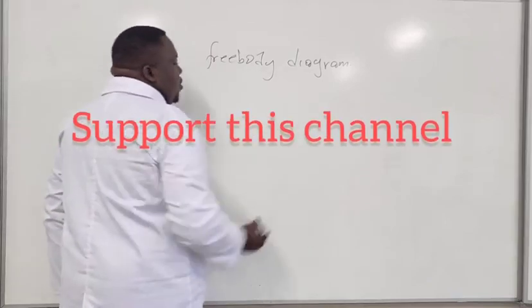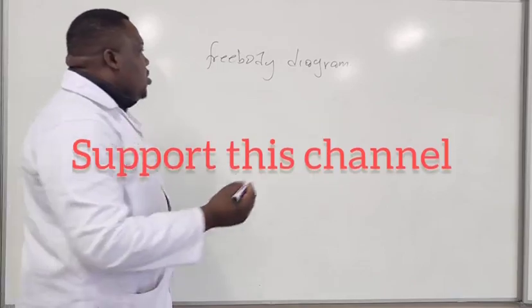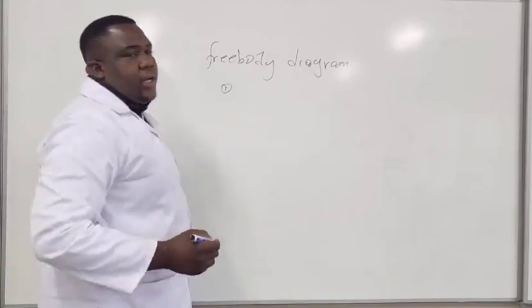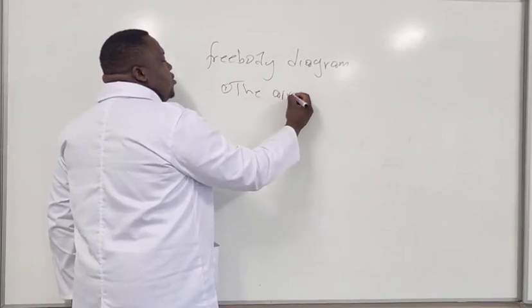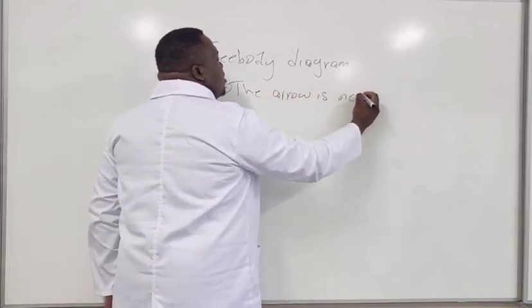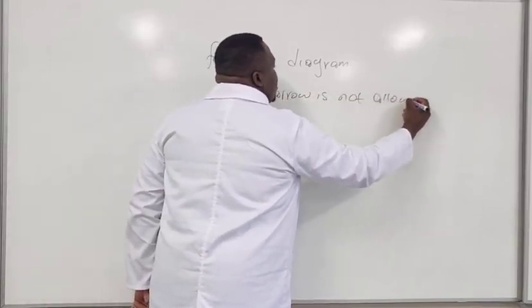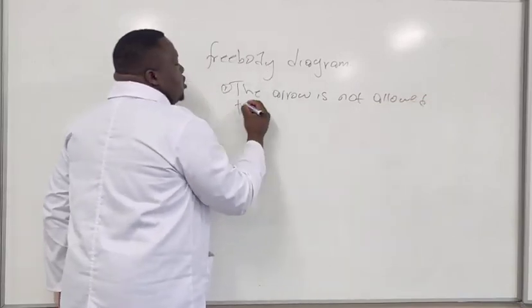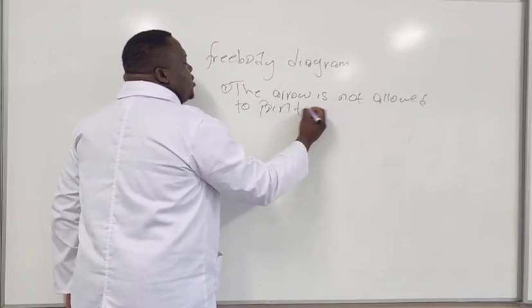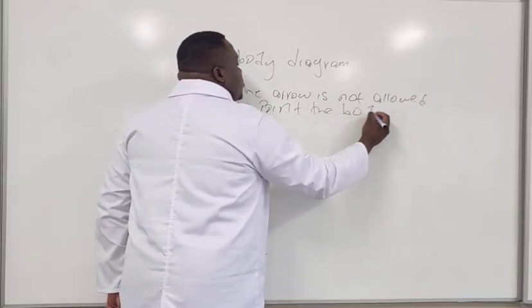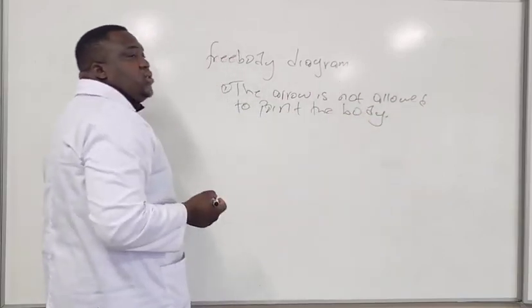So now let us draw a free body diagram. The first rule that I'm going to tell you is that the arrow is not allowed to point at the body.